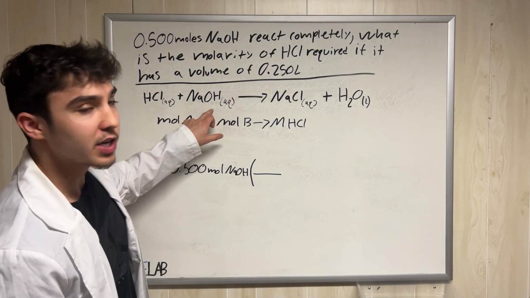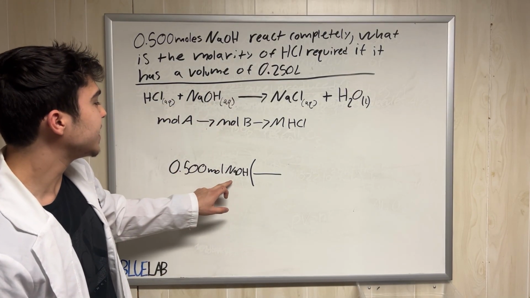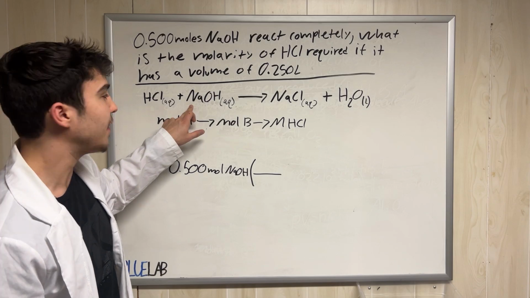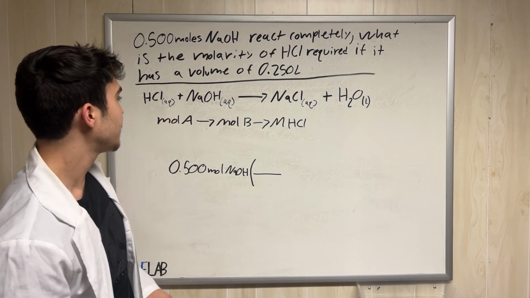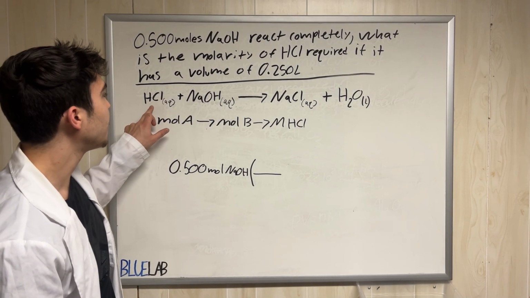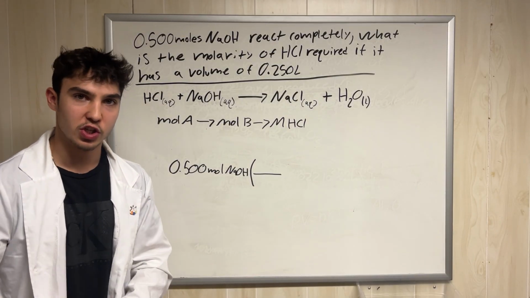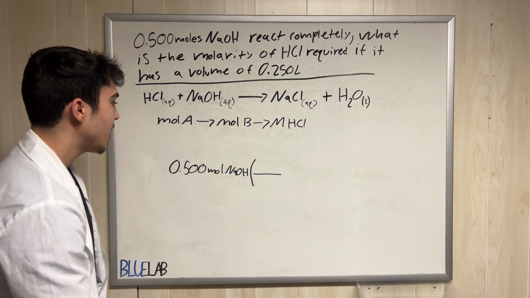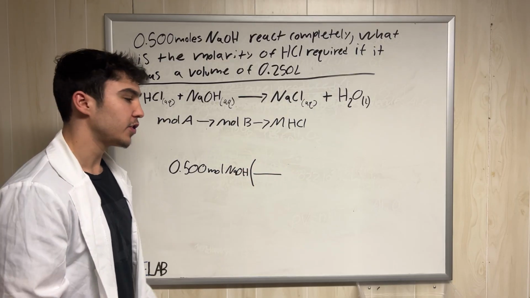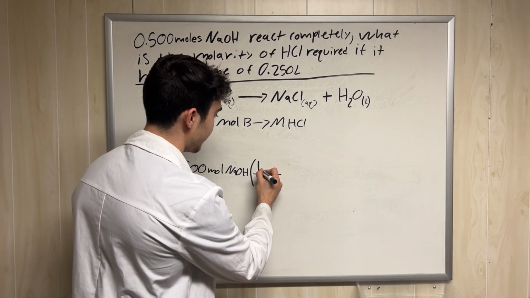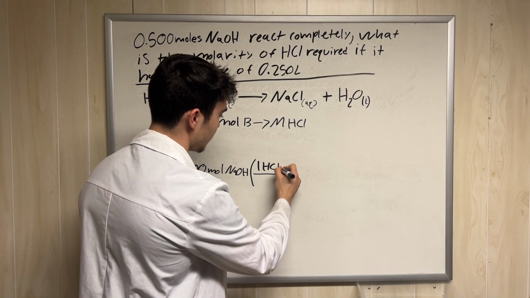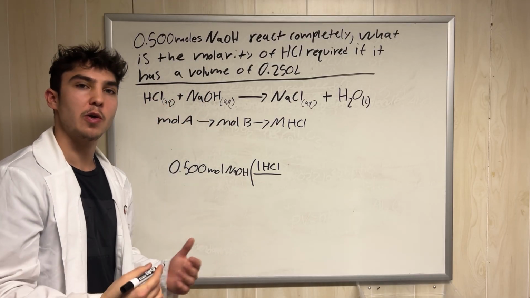Now we're given our balanced equation already, and we can see here that for every 1 mole of NaOH consumed, we also use 1 mole of hydrochloric acid. So this means we're going to have a 1-to-1 ratio regarding its coefficients. And we're going to write what we want on top. So let's write 1 HCl. And on the bottom, we're going to write 1 NaOH.